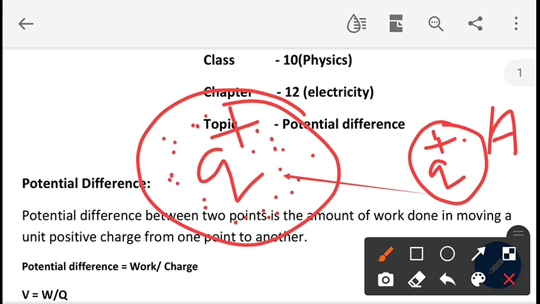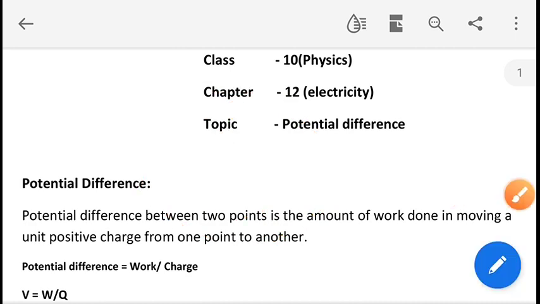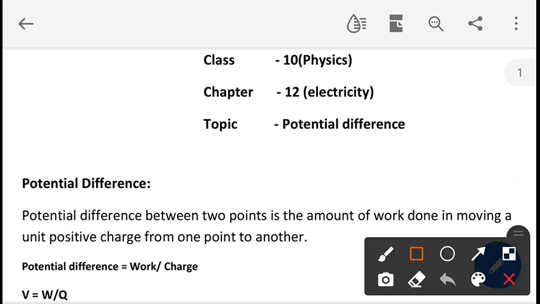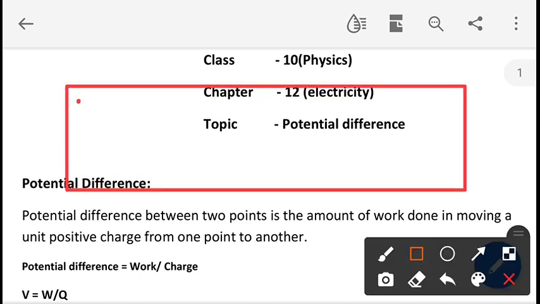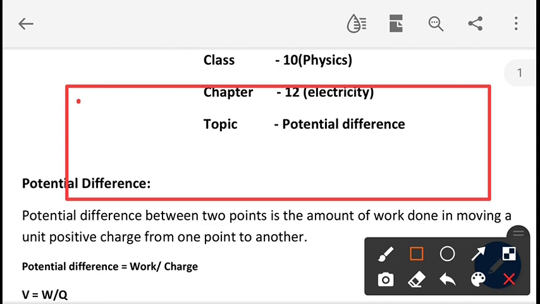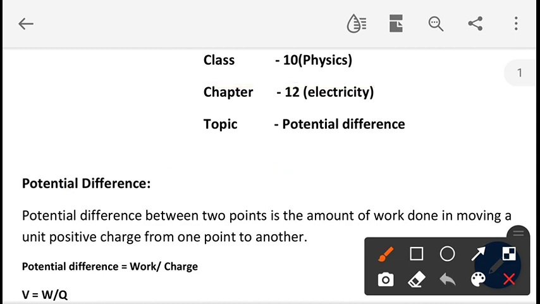Whatever I have explained here is actually happening inside a conductor. I want to say that this is a conductor, and these are the electrons. I am simply marking them as negative charge.